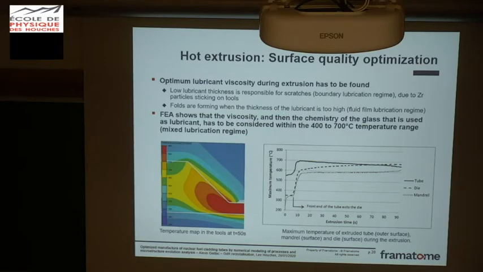And to have the right thickness of lubricant, we need the right viscosity depending on the temperature. That's why we need this kind of model in order to calculate the temperature of the material during extrusion.